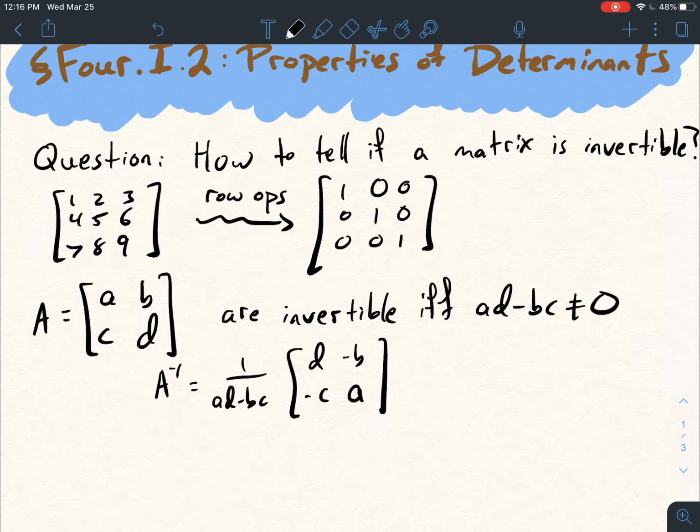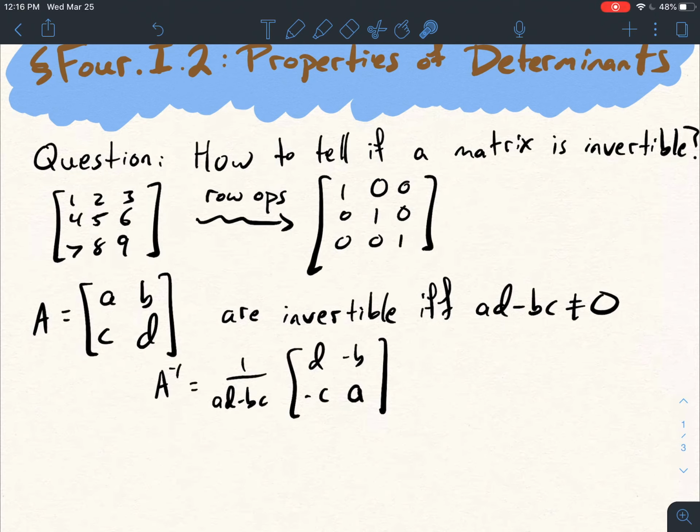So in other words, we could check to see if a 2x2 matrix is invertible just by looking at this number right here, AD minus BC. If this number is equal to 0, then it's not invertible, it's a singular matrix. And if it is non-zero, then it is an invertible matrix. And we have a nice formula for the inverse on top of that.